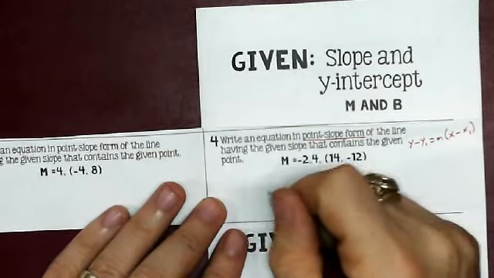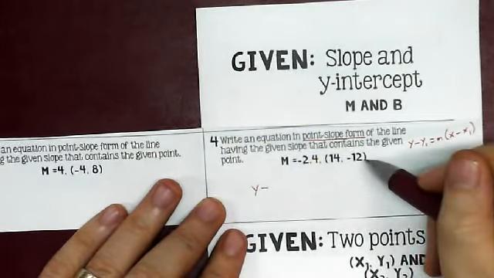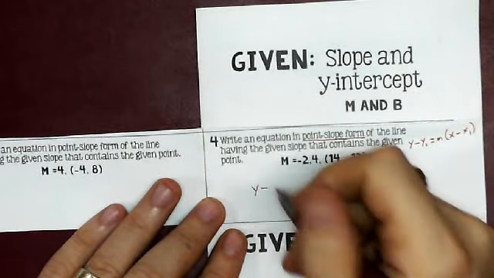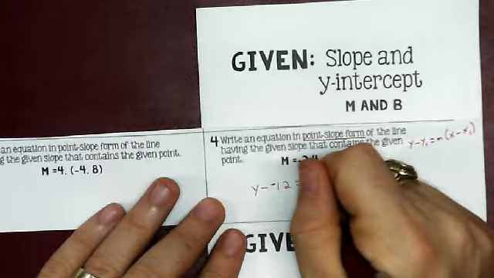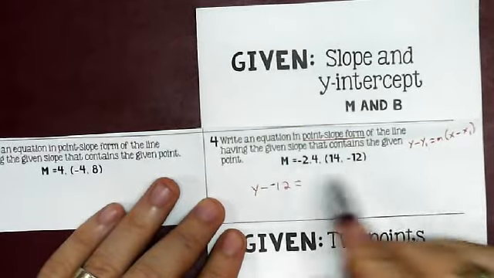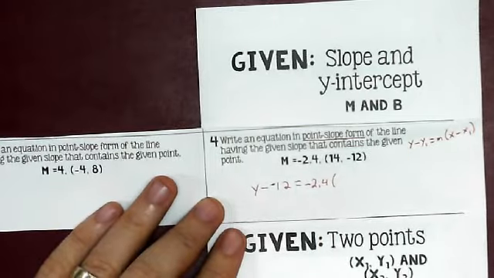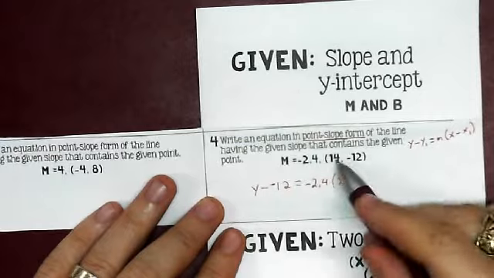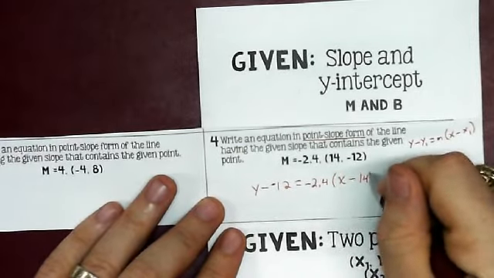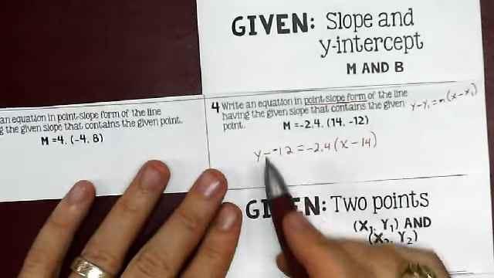So if we do this, then y minus, well, my y value over here is negative 12. So y minus a negative 12 equals m. Well, m was negative 2.4, parentheses. I write out the letter x minus, and x1 would be 14. Now this is all fine and dandy.